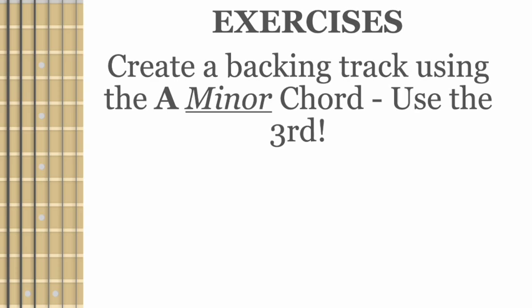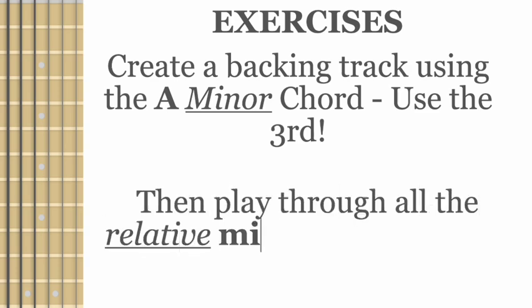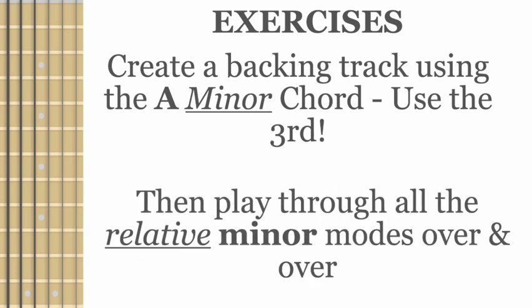Here, now you will be moving to that D Dorian. And then the E Phrygian, right? So you'll be moving up and down the neck quite a bit, playing your minor patterns, because these are your relative minors. And it will start to help your ear really understand what some of these minors over that minor chord start to really sound like.